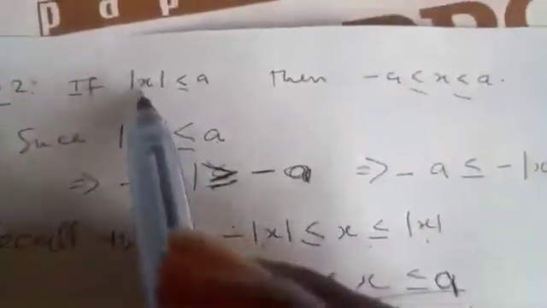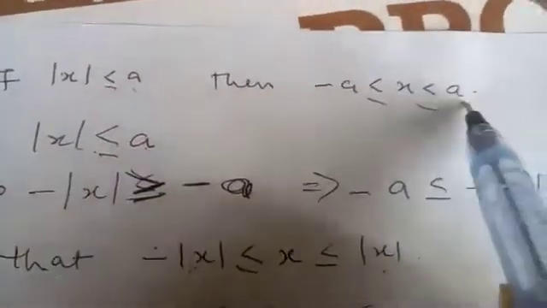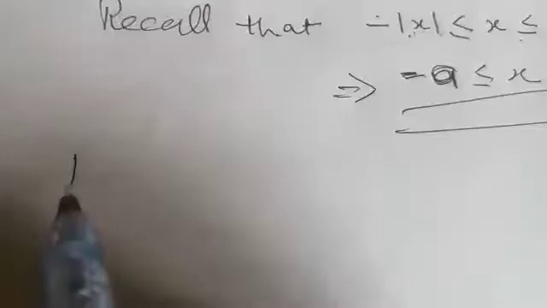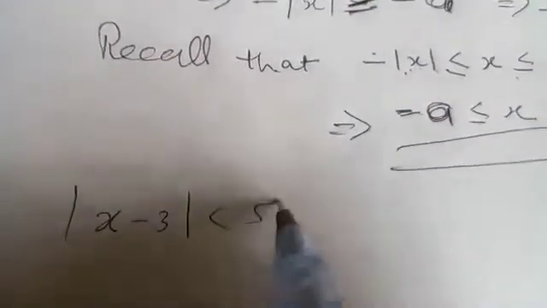So that simply means that when we have this type of relationship, we can write it like this: minus a is less than s is less than a. Also, if it is minus a is less than s is less than a, we can write it in absolute value like this. So we normally use this to solve inequality. For instance, when I'm asked to solve absolute value of s minus 3 is less than 5.